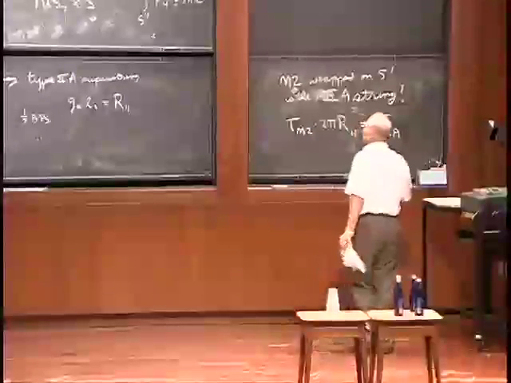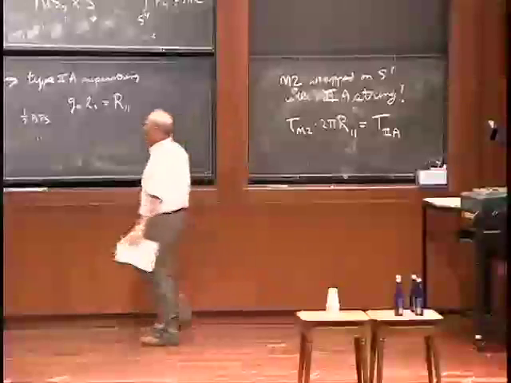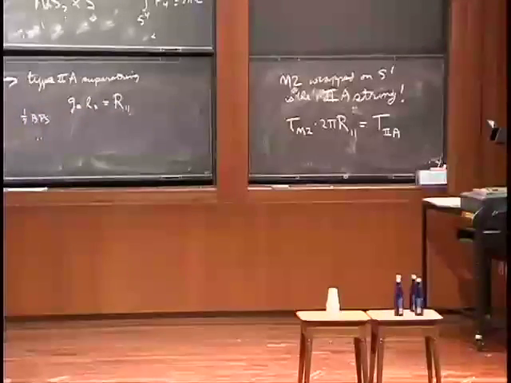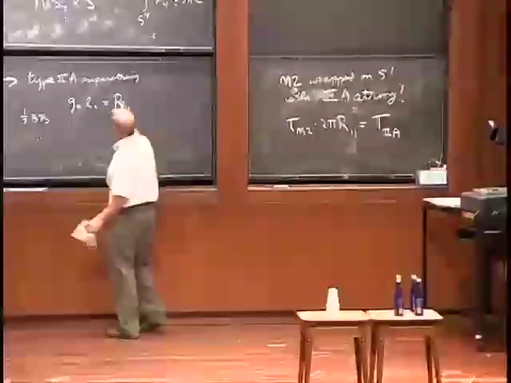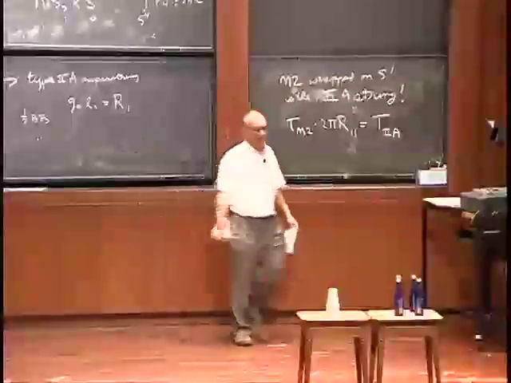So one has a formula like that, which allows you to relate parameters of M theory to parameters of the 2A string. And that formula plus another formula allows you to deduce this formula, which I haven't explained yet.